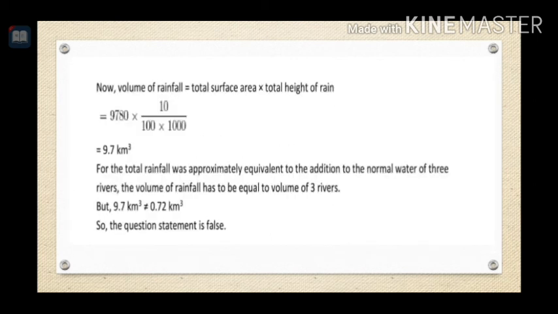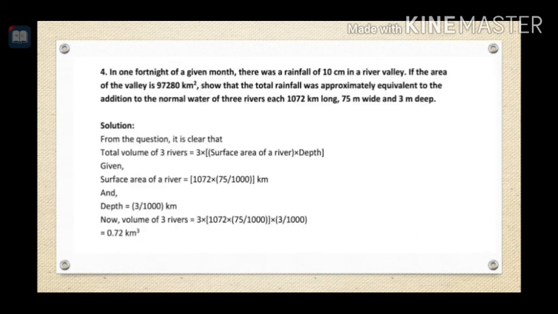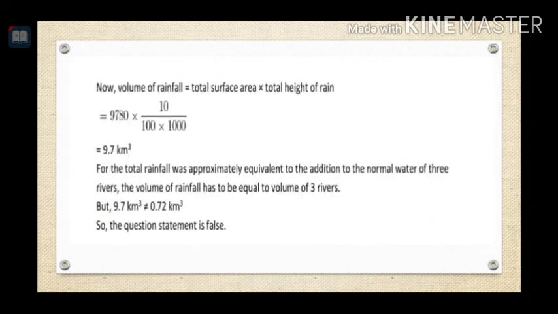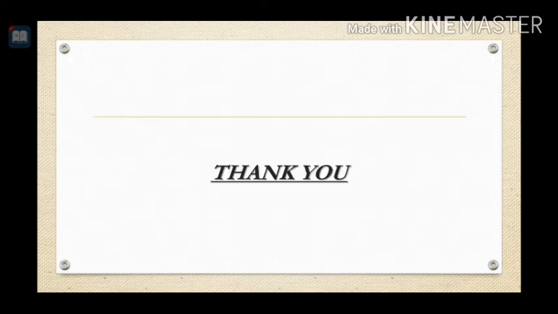But as you can see, this value and the volume of river are not equal. 9.72 kilometer cube is not equal to this kilometer cube. Therefore, the statement in the question is false. In this way, you have to solve question number 4. These are the important questions from exercise 13.5. So this is all for today. Thank you.